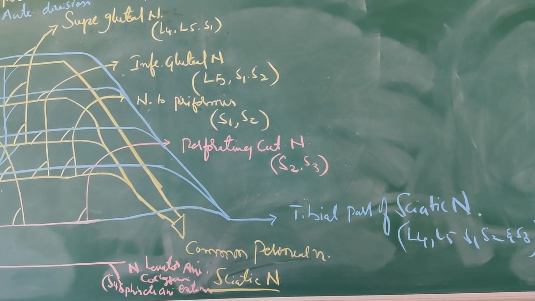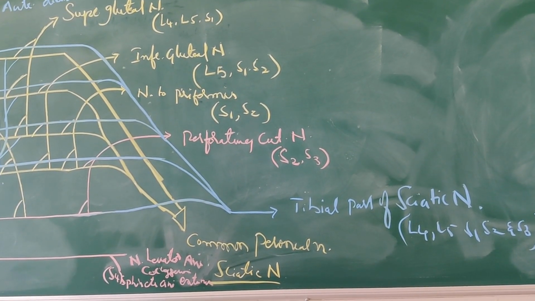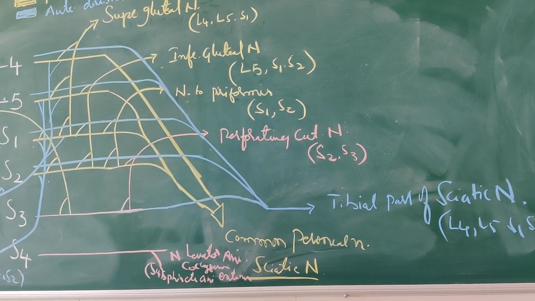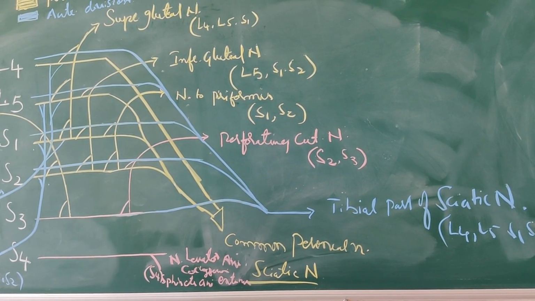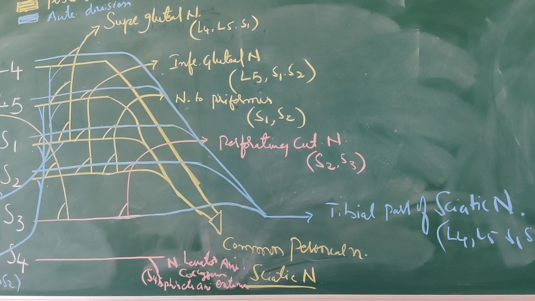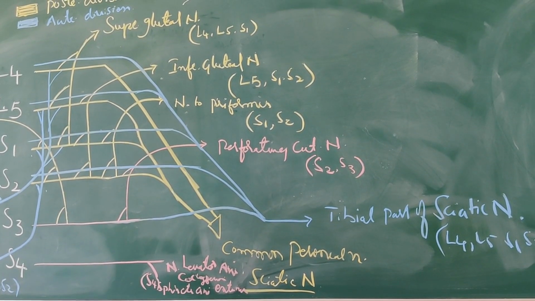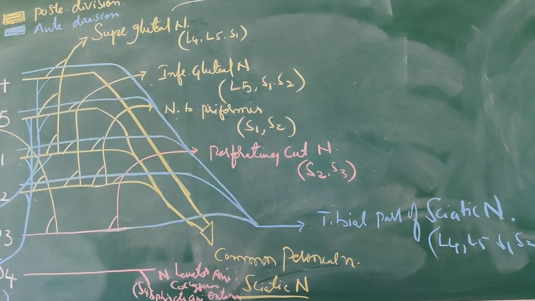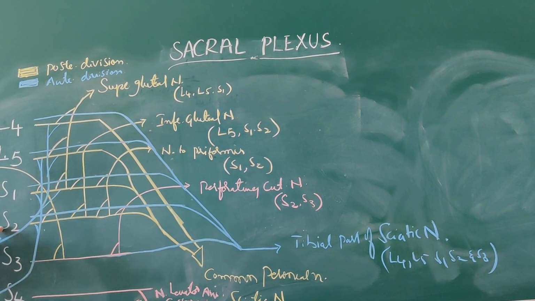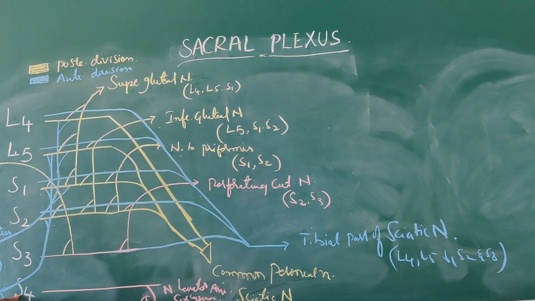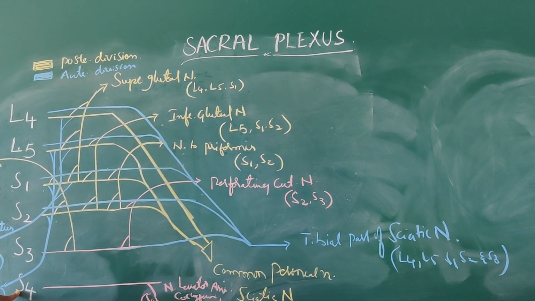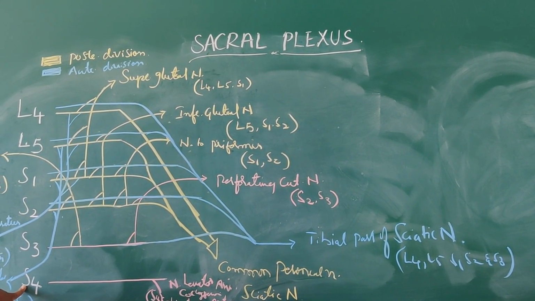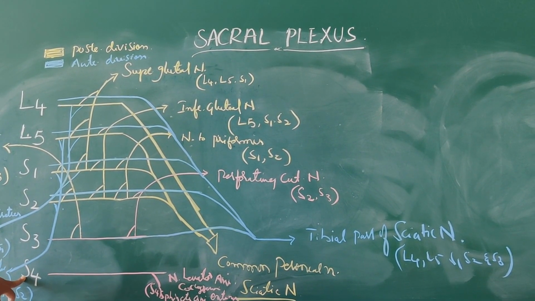And we have one more nerve which arises from S2, S3 and S4, the pudendal nerve. Now, the branches from S2, S3 and S4 give rise to the pelvic splanchnic nerves.